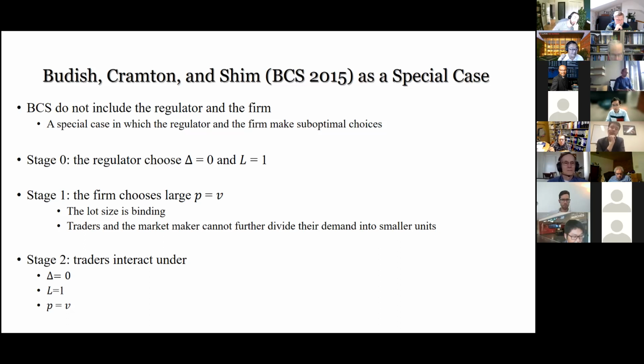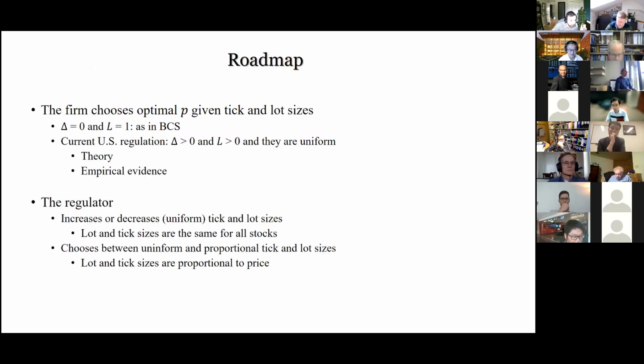And at stage 1, the firm chooses P equal to V. So now let's think about V as market cap or something like that. Then the lot size is binding, and traders and market makers cannot further divide their demand into smaller units. And at stage 2, I will show you an example of BCS under continuous price, discrete lot of 1 share, and P equal to V.